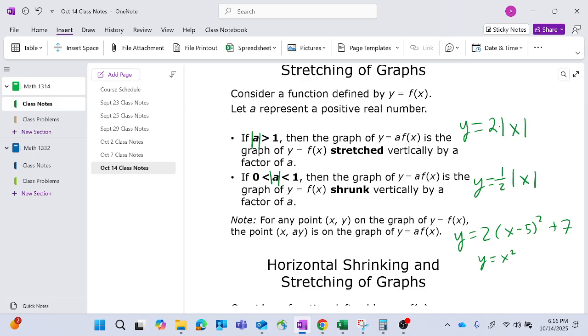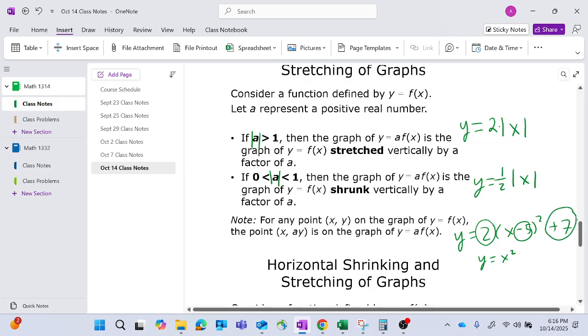You'd tell me, oh, this 2 tells me we have a vertical stretch. This 5 tells me we went right 5. This 7 tells me we went up 7. So that's a question I saw on the final exam review, actually. Something similar to that, where we gave you something, we said, describe the transformations. And that's probably something how I would test you guys. Here's the equation, list out the transformations. And we'll see some examples of that in a bit.